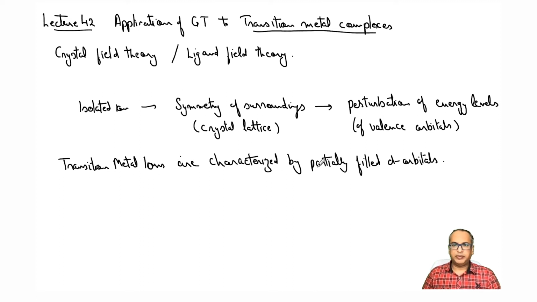So partially filled d orbitals, meaning that you have a d1 to d9 configuration, right? Electronic configuration, which is also explained by the term symbols.